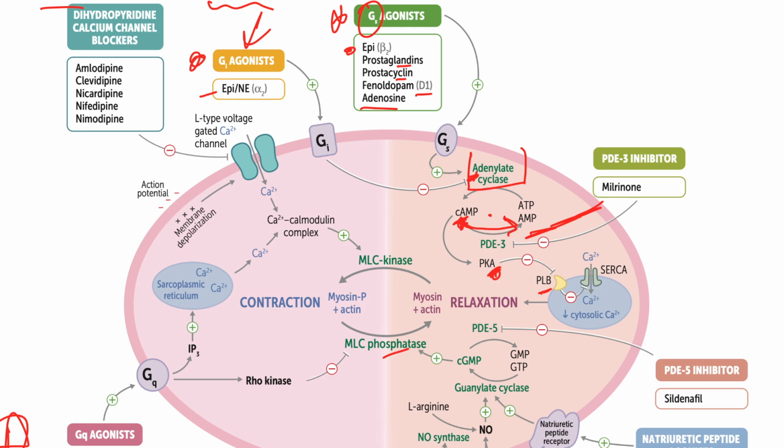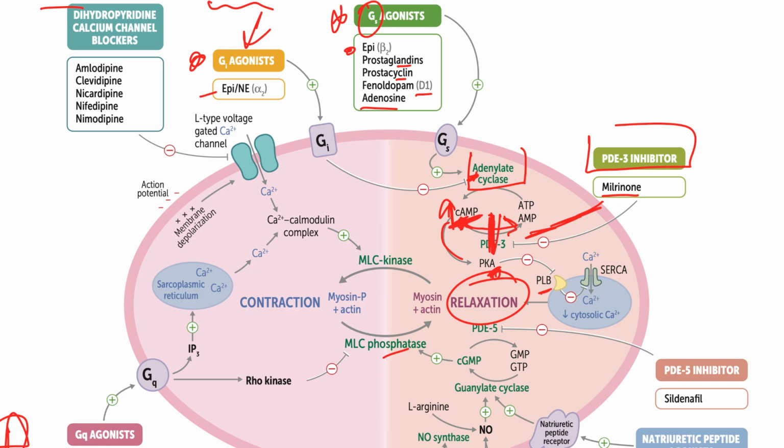So when you inhibit this enzyme, you are increasing cyclic AMP and leading to relaxation, indirectly. These are PDE3 inhibitors, which is milrinone.